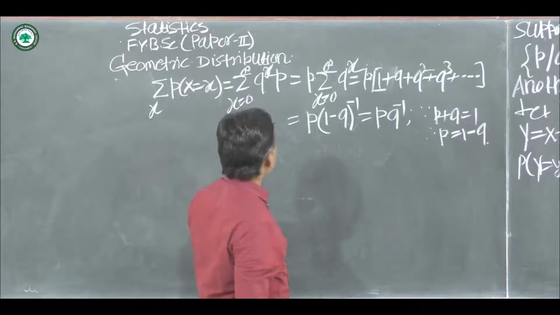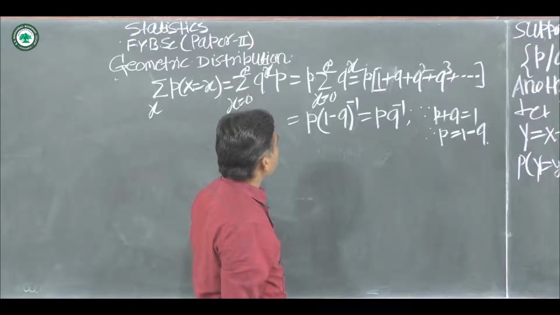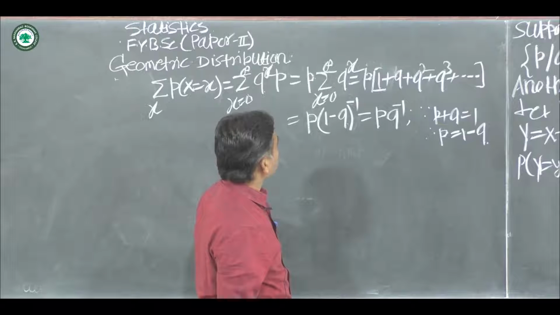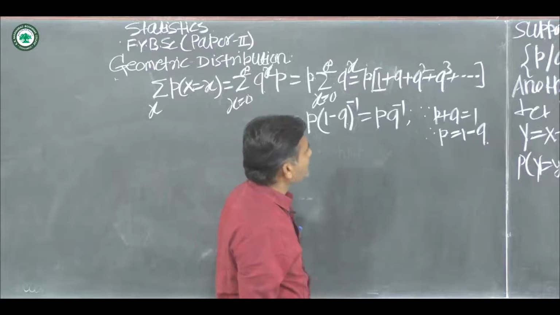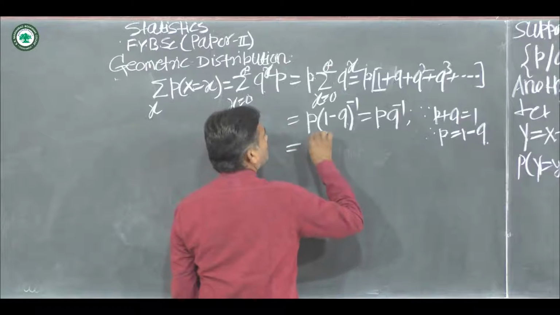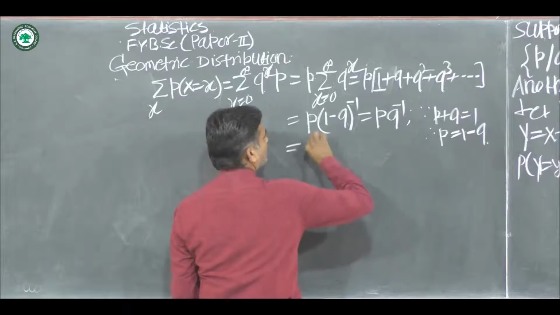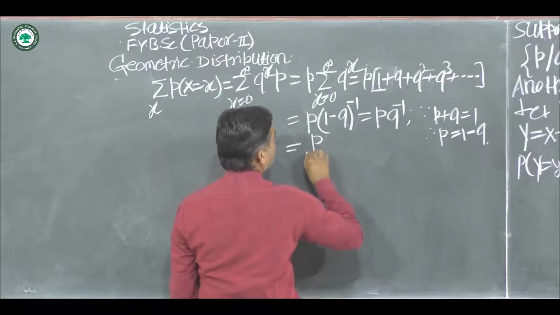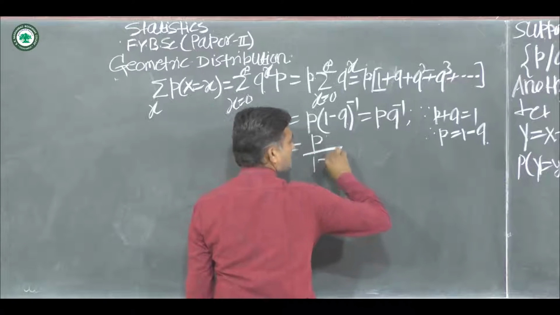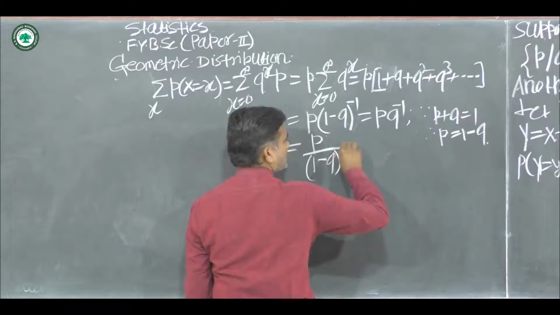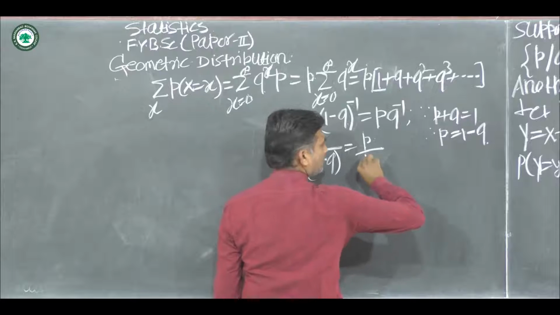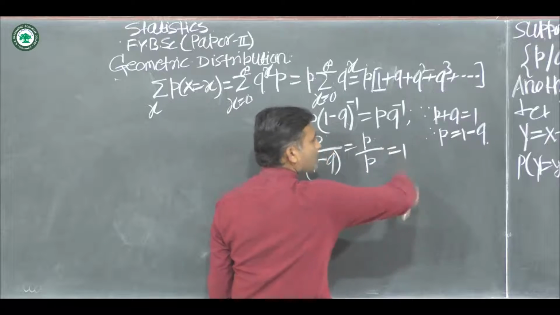Then this is p upon 1 minus q, which is equal to p upon p, which is equal to 1.